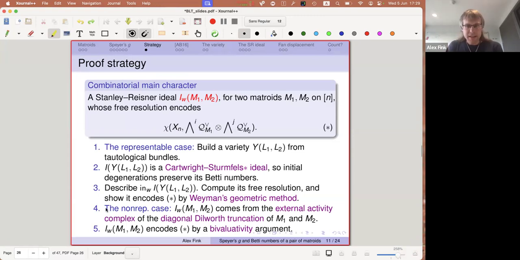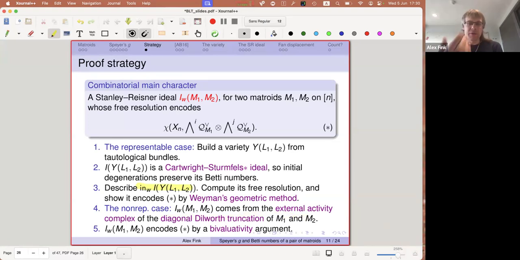As for the non-representable case, well, we need to pull out the combinatorics in this representable thing. So it turns out that there is some matroid and some generalization of external activity that you can use to describe the combinatorics of this initial ideal.